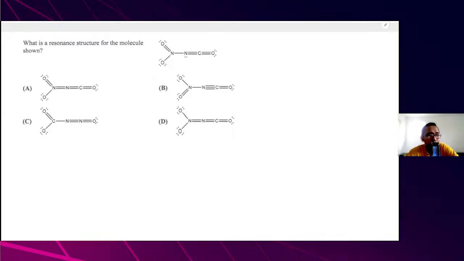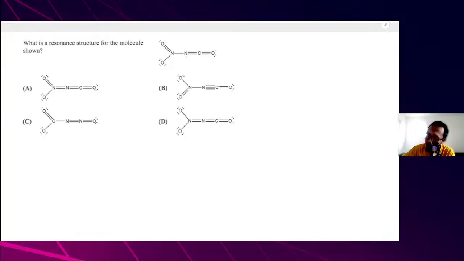So a resonance structure is an alternative Lewis structure for a molecule that has the same arrangement. So let's take a look at the first structure.